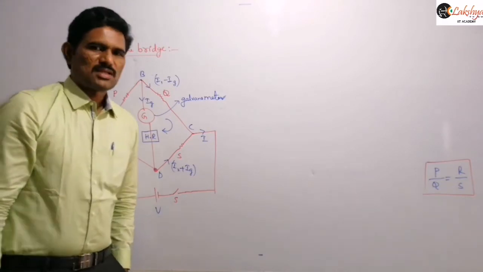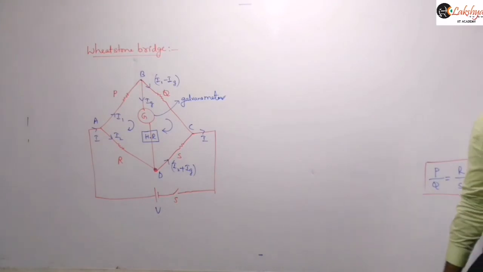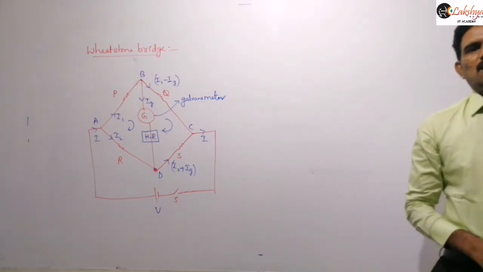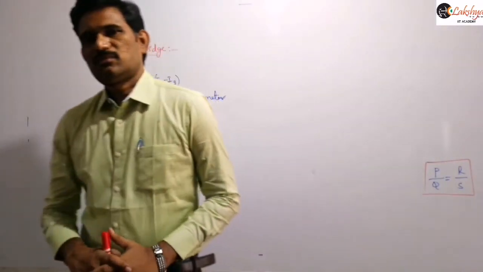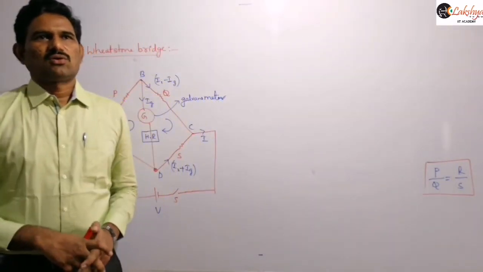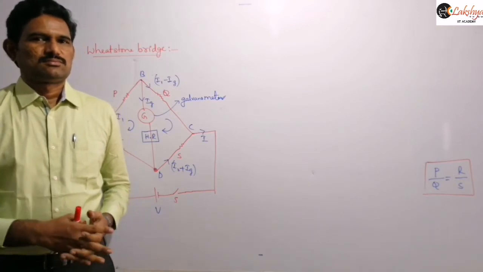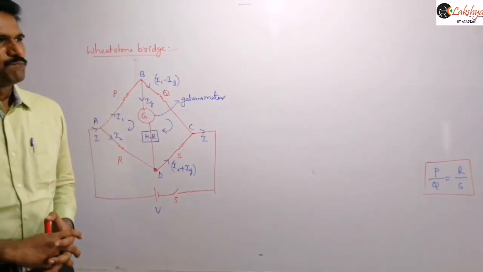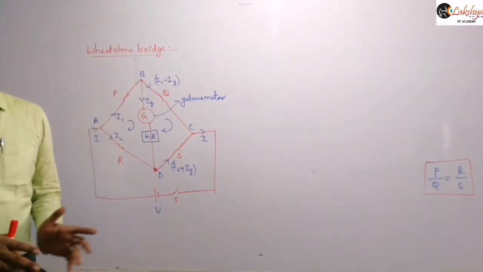When this condition is satisfied, the current flowing through the galvanometer will be 0, or VB is equal to VD.